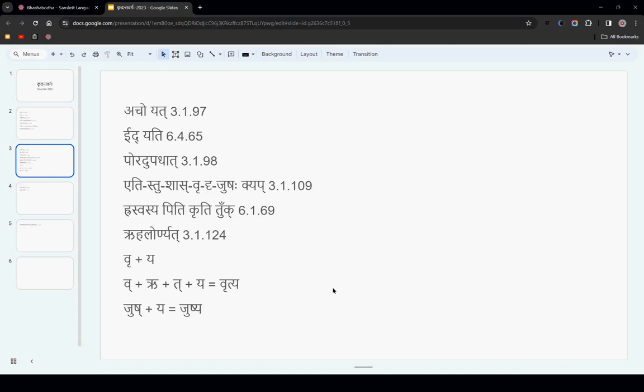So the swara science is mostly lost now. But however, this achoyat seems to be more plausible here because it's a general rule. But I'll give you some hint here.